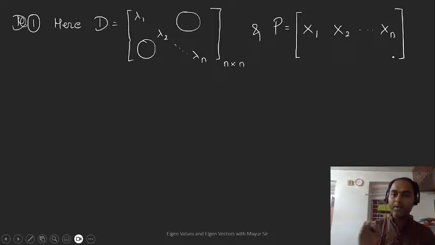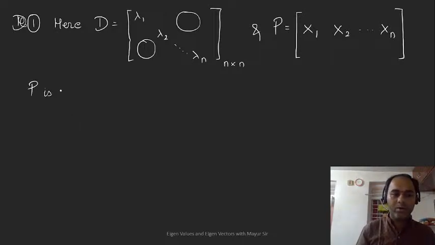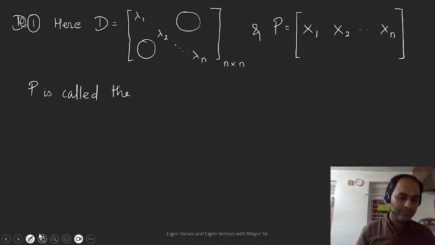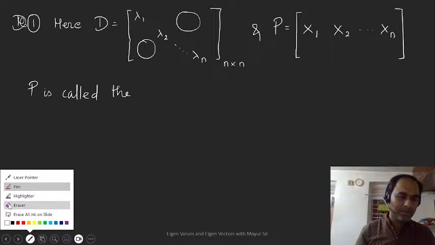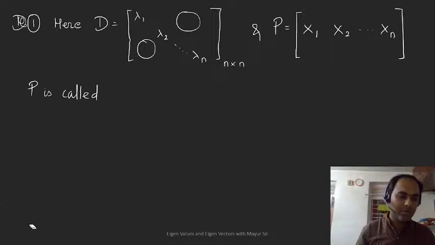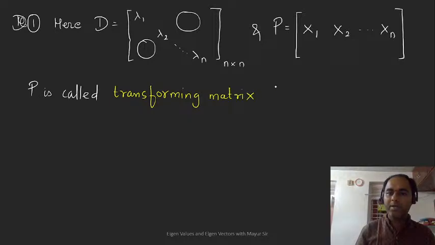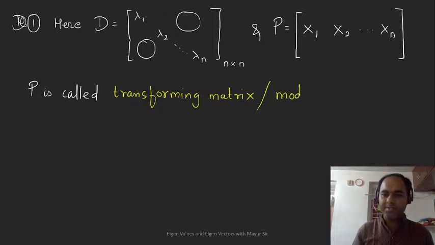Now let us see how all this works. And there is something more here: P is called the transforming matrix, or it is also called the modal matrix.